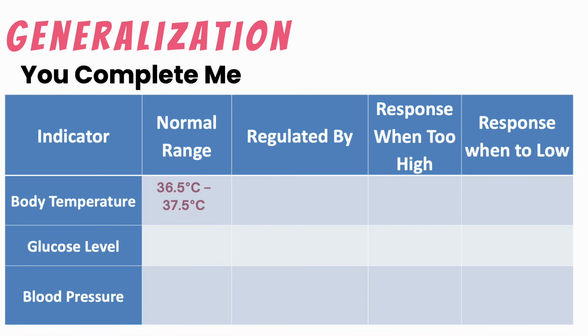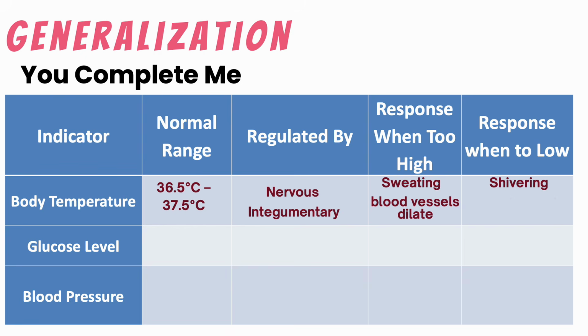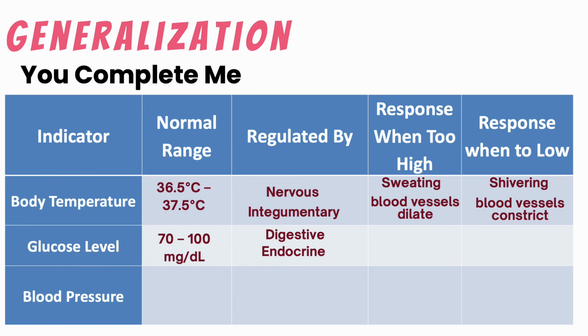Body temperature is linked with the temperature range on the slide and responses such as sweating, dilation, shivering, and constriction. Glucose level is linked with insulin and glucagon. It is regulated by the digestive system and endocrine system.